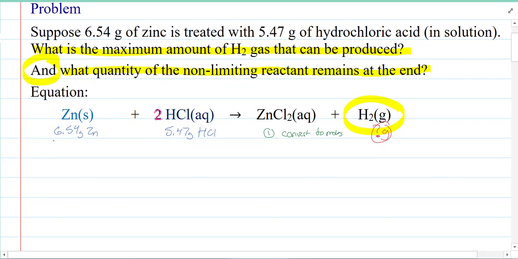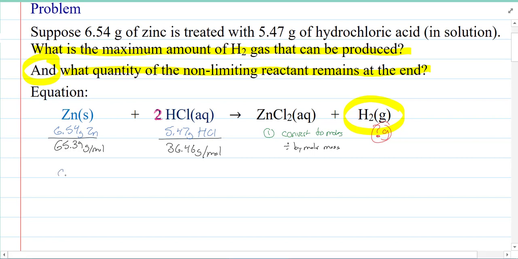Divide by the molar mass to convert to moles. Molar mass of zinc is 65.39. H is 1.01, chlorine is 35.45, so 36.46 grams per mole for HCl.